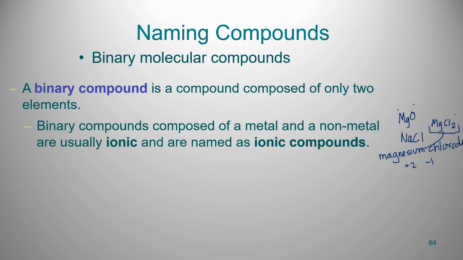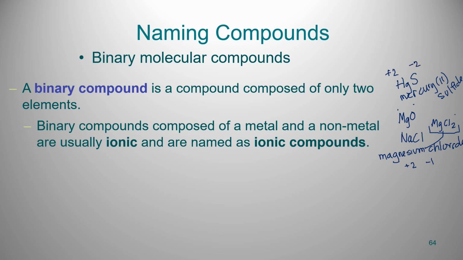So again, notice that we're not indicating how many. The only thing we indicate is like we said earlier, like HgS would be mercury 2 sulfide. So this is not telling me how many there are, but what the charge is. So this tells me that the charge of the mercury is +2.